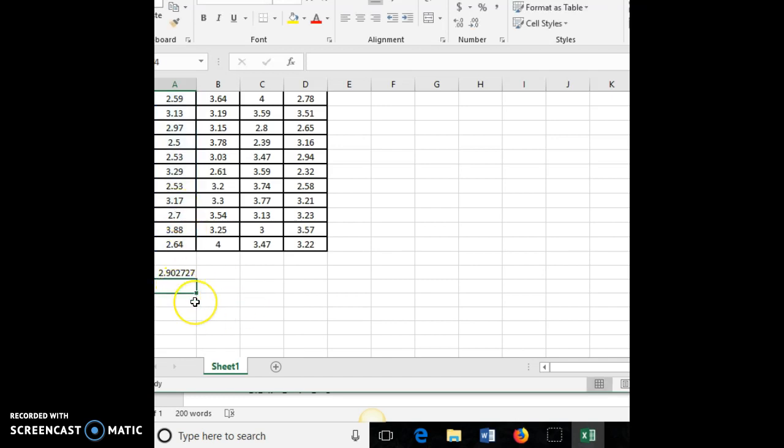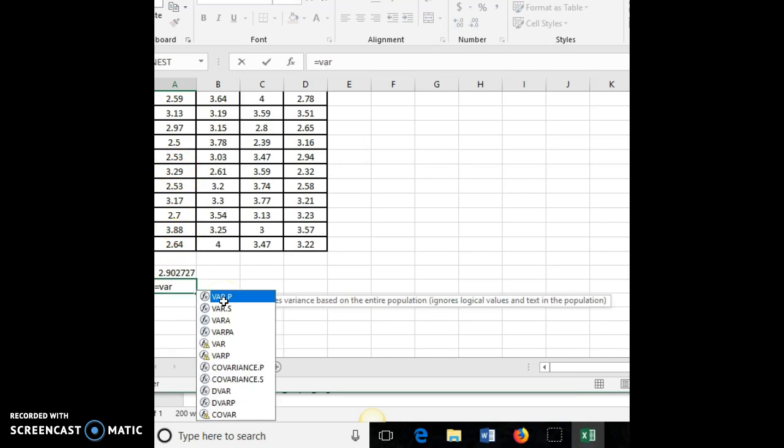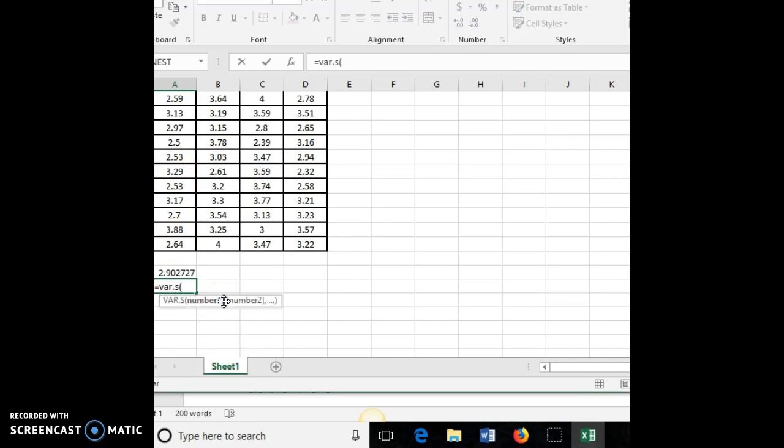All right, now, later on, we're going to need the variance for this column as well. So we're just going to hit equal var.s, that's our sample variance, and again, we're just going to tell it A1 all the way to A11. And it calculates the variance for us. And we're going to do this for every single column.